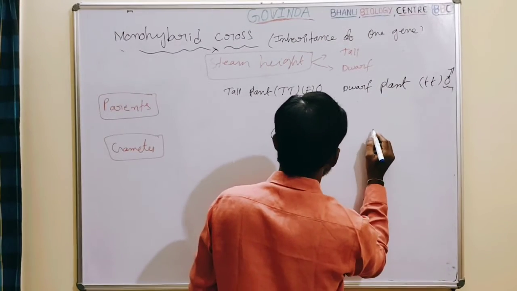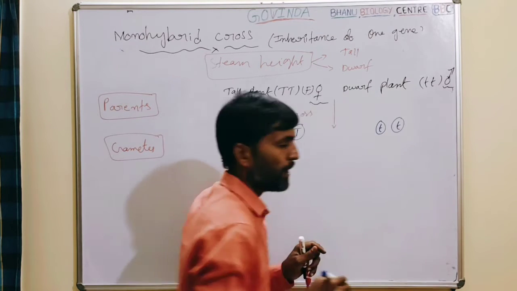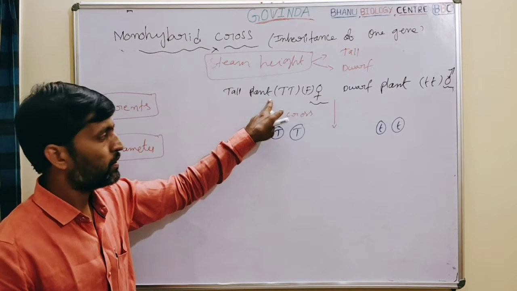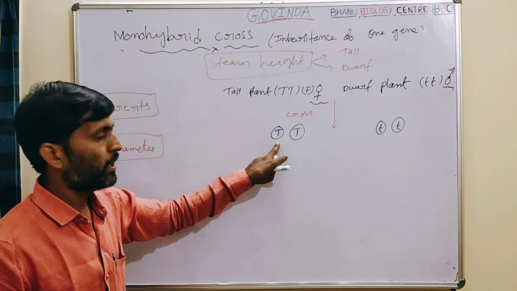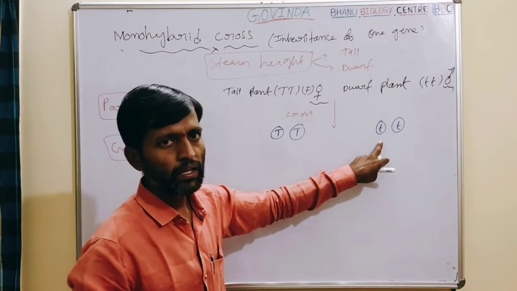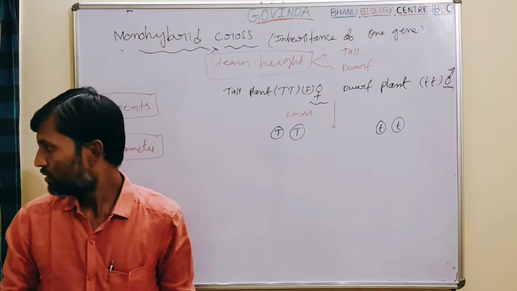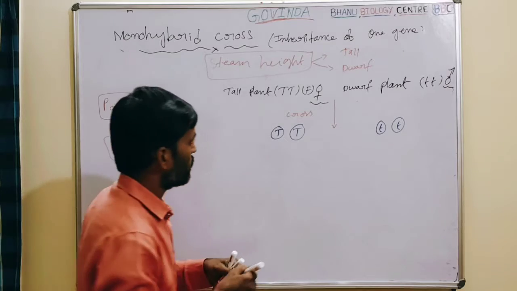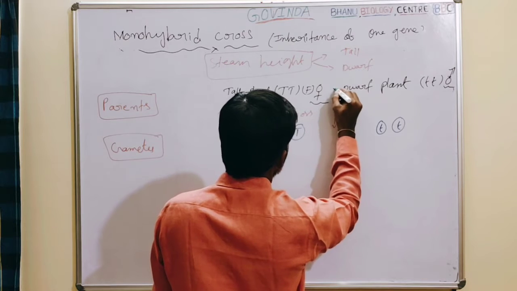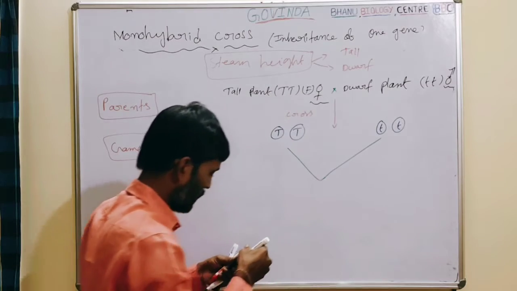The gametes produced by this plant have small t as an allele, right? So all the gametes produced by this homozygous plant have only the capital T allele. All the gametes produced by this plant have only the small t allele, responsible for the shortness. So make a cross.